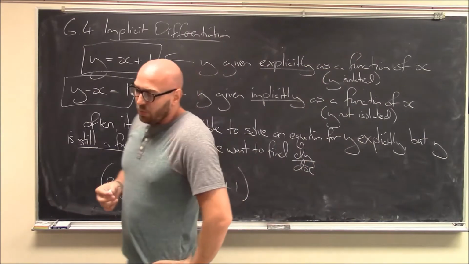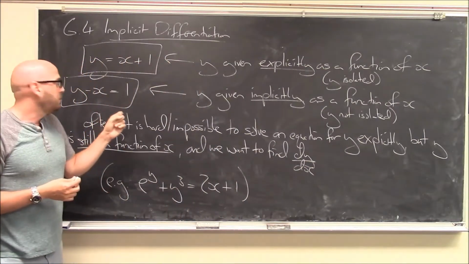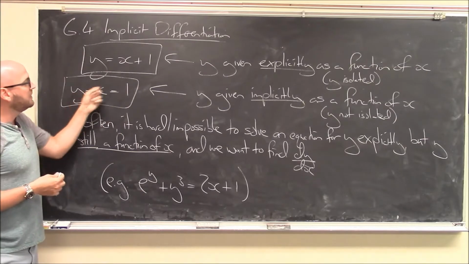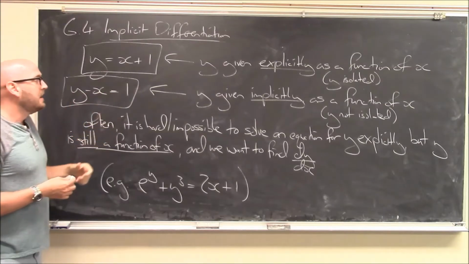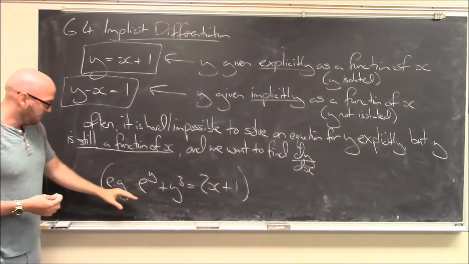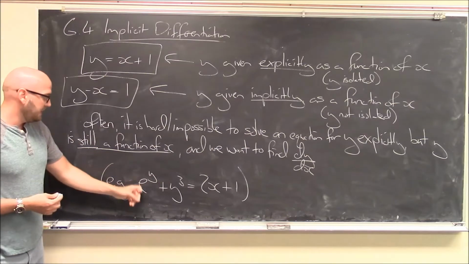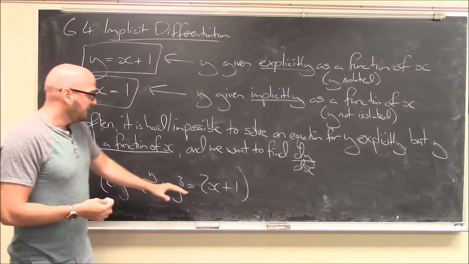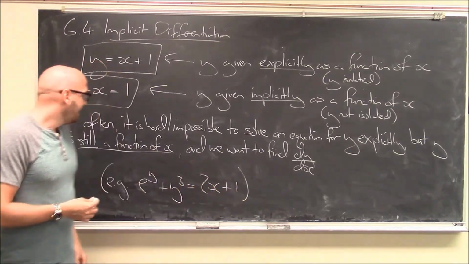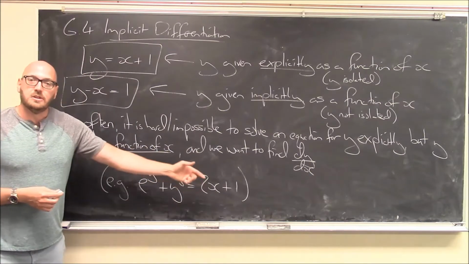And what often happens is that this is the best you can do. Of course, in this case, I can easily rearrange and isolate y, but quite often you can't do that. For example, jump down to the bottom here. Here's an equation involving x and y: e to the y plus y cubed equals 2x plus 1. No matter how you try, you're never going to solve for y explicitly as a function of x.